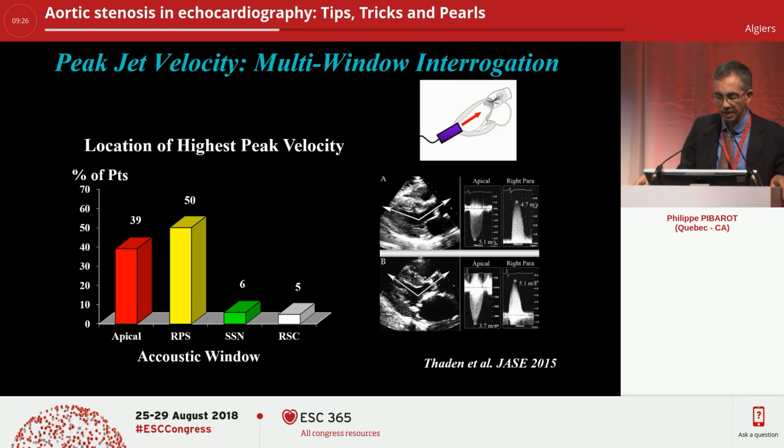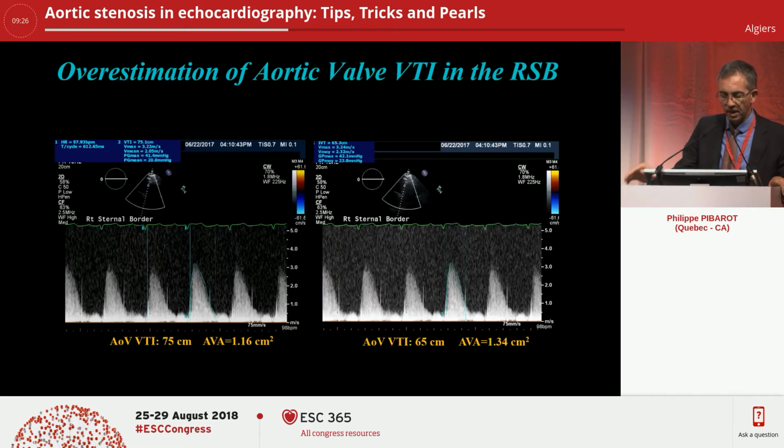And it takes time. If you only interrogate the apical 5 and 3 chamber views, you will get the maximum velocity in only about 40% of the patients. So the right parasternal border window is extremely important because you will get the maximum velocity in 50% of the cases. Also, the suprasternal notch is important too.